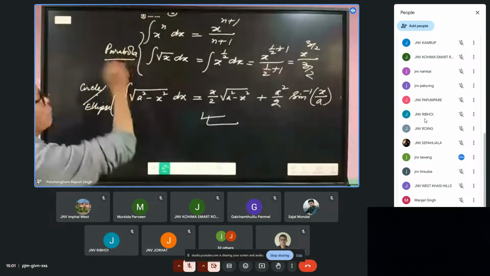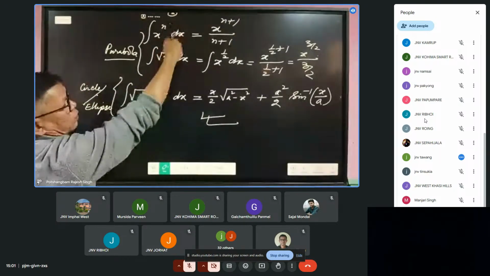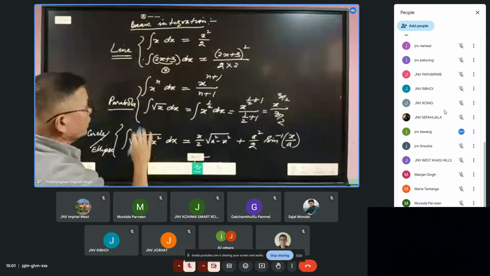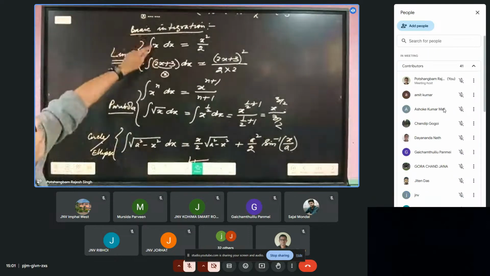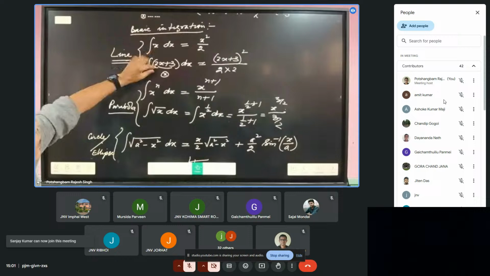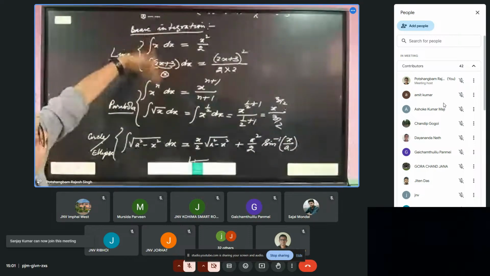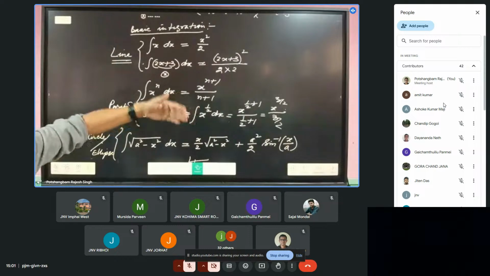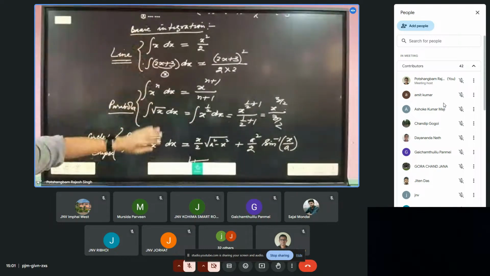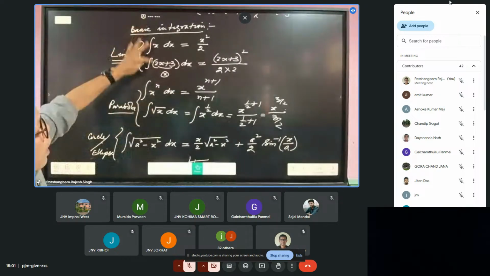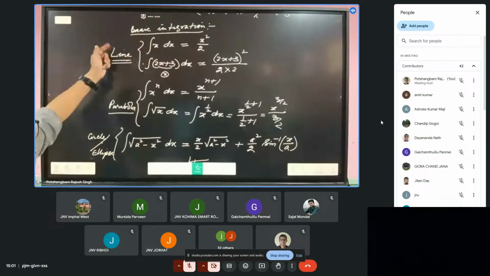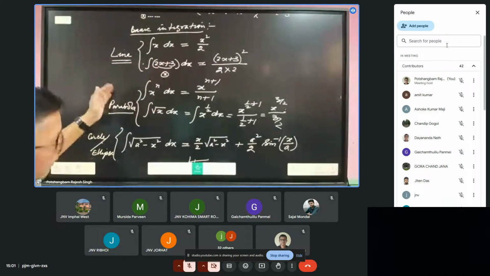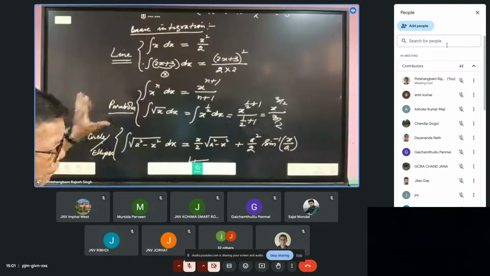And for the parabola, this power integration will be used. On the other hand, for a straight line the basic integration and linear integration will be used. Okay, so I repeat once again, these basic integrals are required: these two are required to find the area under the line, and these two are required to find the area under the parabola.